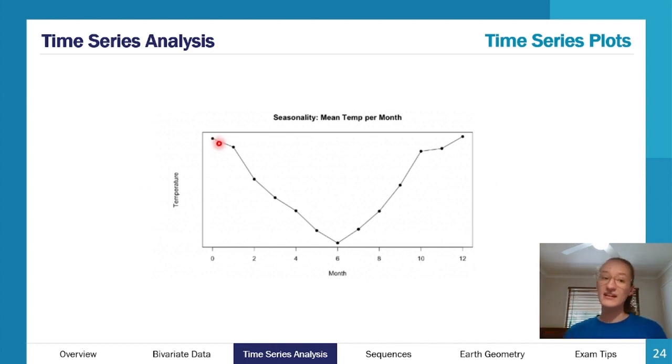Interestingly, we can see the temperature is higher around January, it's lower around July, and it's higher around December. That makes total sense because of the seasons that we have here in Australia. So you can start to see how time series plots are really helpful for representing time series data. It works the exact same as a scatter plot in how we plot the points.